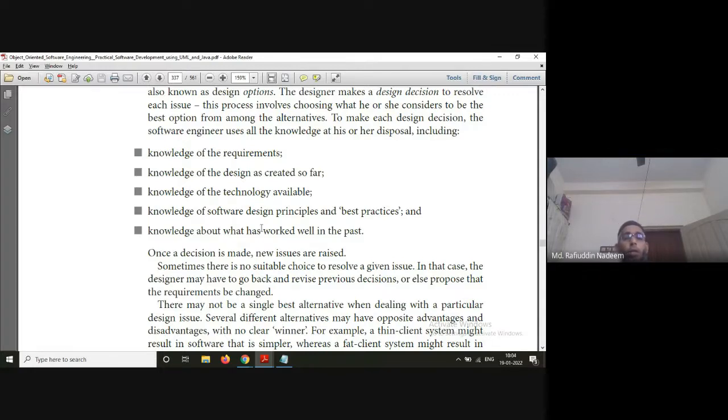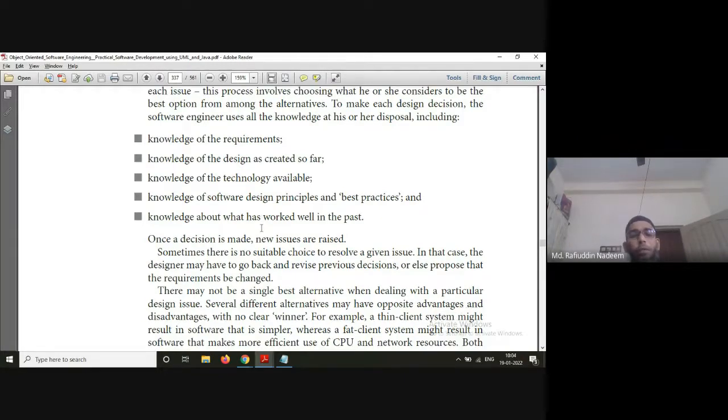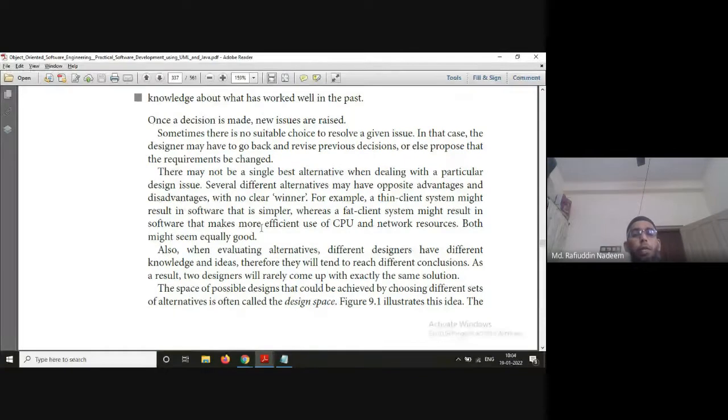So you need to have the knowledge of what has worked well in the past. The past knowledge will also help you to take a good decision here. When the decision is made, obviously some new issues will be raised, because there is no suitable choice to resolve a given issue.